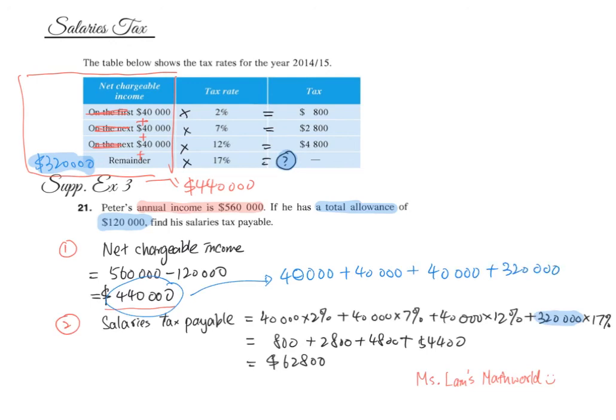After that, each part we will need to pay for different percentages. After you calculate each part carefully, we can add the salary tax payable for each part, and then you get the total sum. I hope you can have a basic understanding of it.